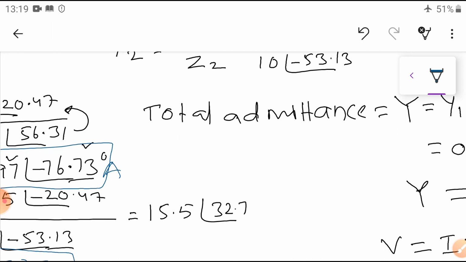P1 is the power consumed in branch 1, that is I1 whole square R1, R1 the resistance in branch 1, and I1 is the calculated current. Similarly, I2 whole square R2. So R2 known, I2 known. We are going to get P2. So these are the required quantities asked in this problem.